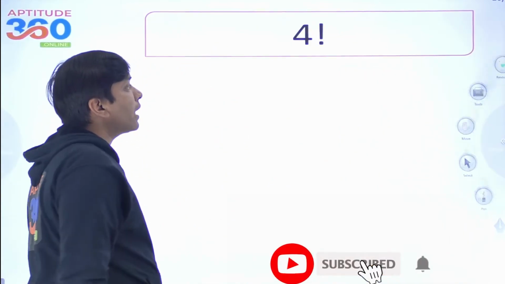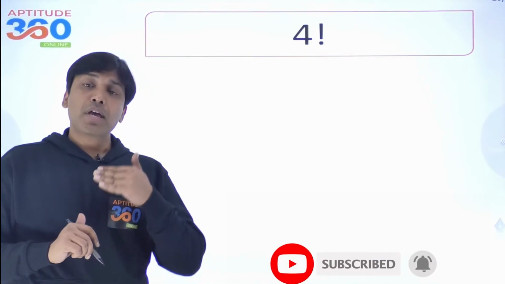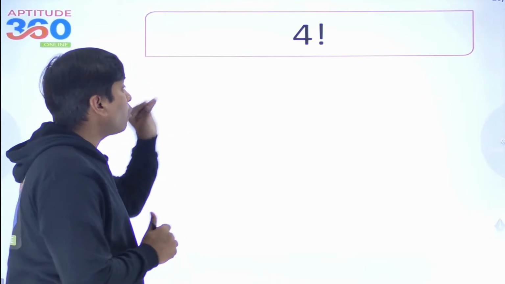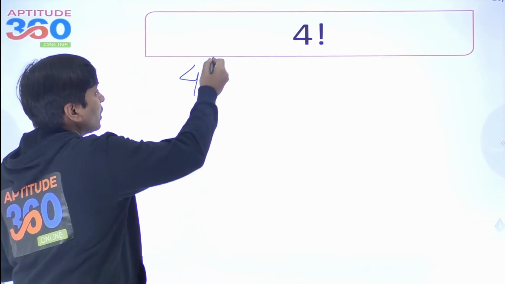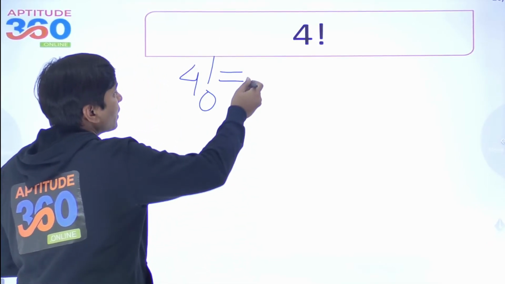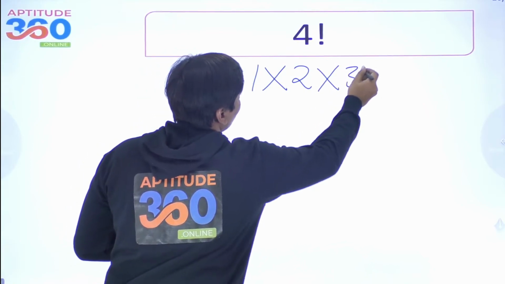Now we are moving ahead to the next problem. My assumption is that you know as to how to find out what is the value of a factorial. What is the meaning of 4 factorial? 4 factorial का मतलब होता है 1 into 2 into 3 into 4, isn't it?